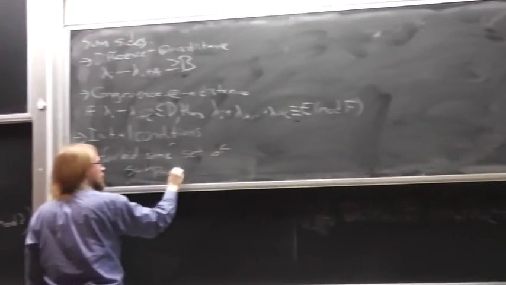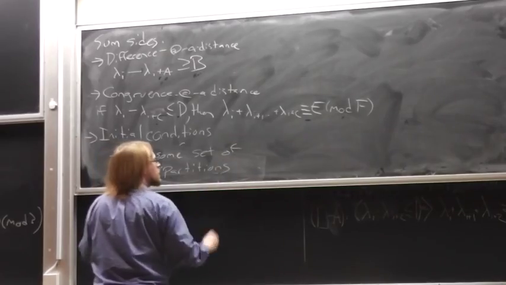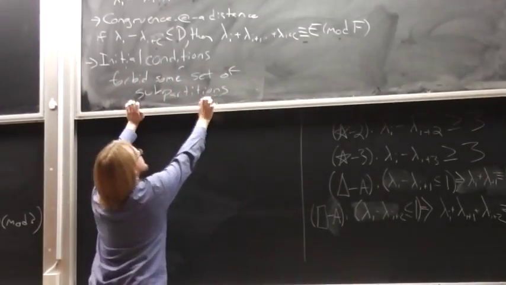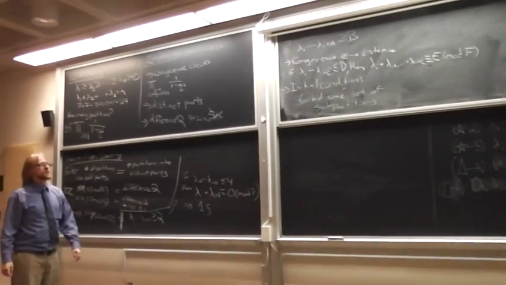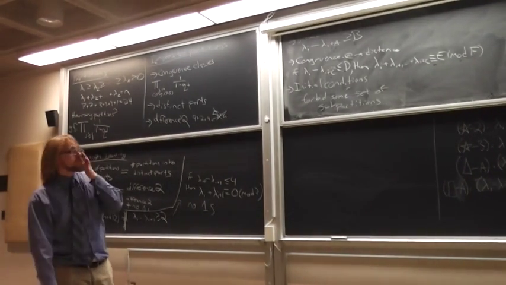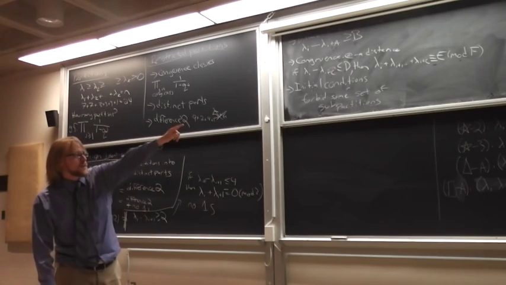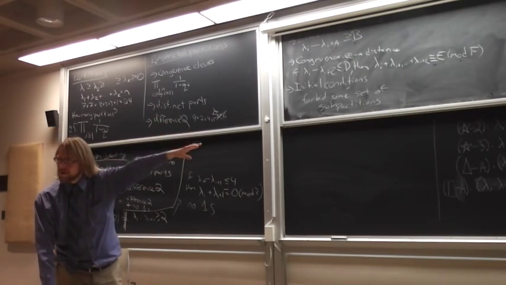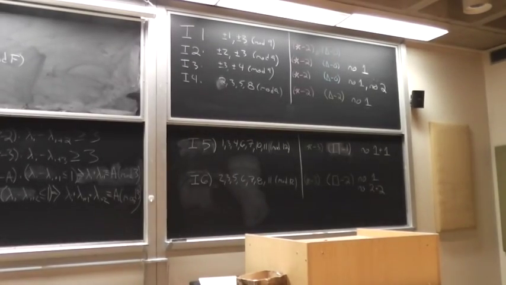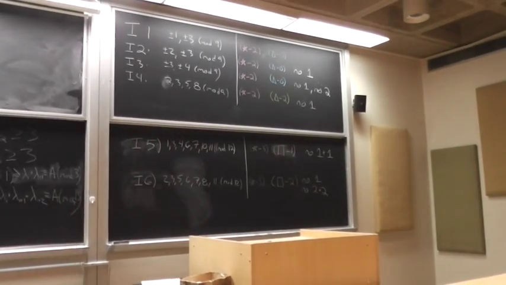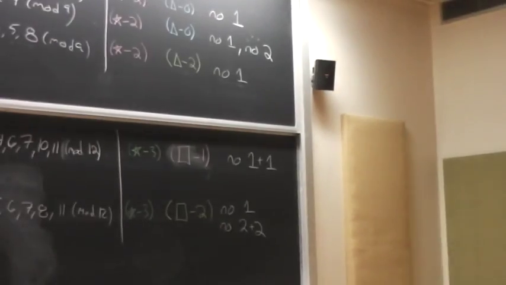I won't carefully define that, but hopefully that should be obvious. So forbid some finite, hopefully small set of subpartitions. In the I3 case, we're forbidding both 1 and 2. In the I6 case, we're forbidding 1 and we're forbidding 2 plus 2.